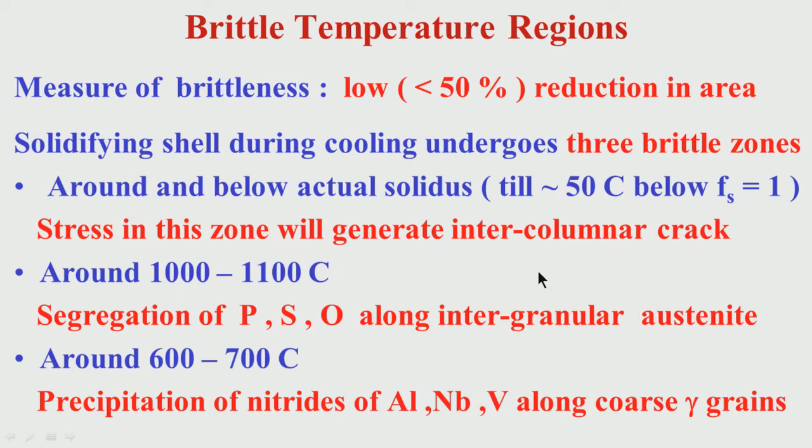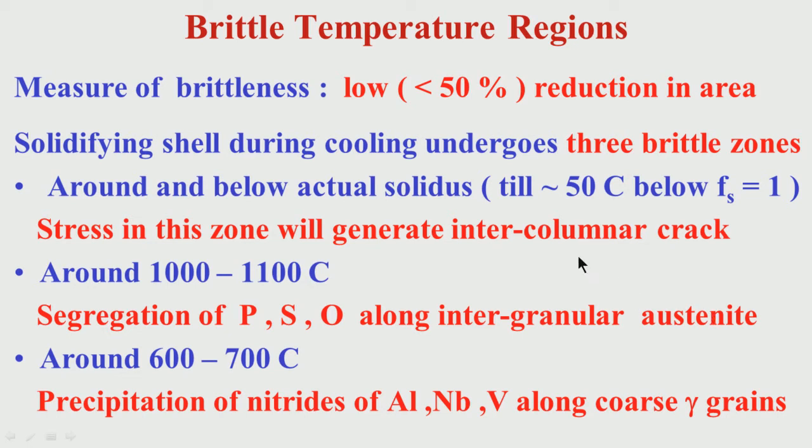So, what I have mentioned, there are 3 brittle temperature regions. At relatively high temperature, just around solidus, we have one brittle temperature region. Then as we are cooling the steel around 1000 to 1100, again there will be a brittle temperature region, which is because of segregation of phosphorus, sulfur, oxygen along the grain boundaries of austenite.